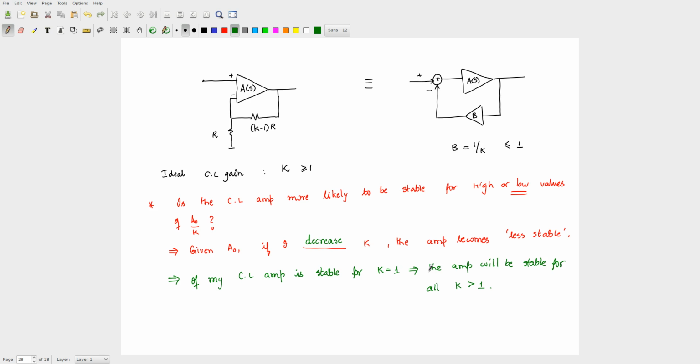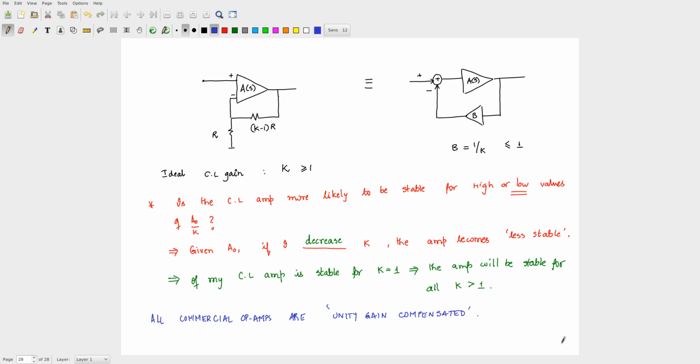And so all commercial op amps are unity gain compensated, which means they are guaranteed to be stable when you have a feedback of 1. And so you can use it for any value of feedback which is more than 1 and it will still be stable, it will not oscillate.